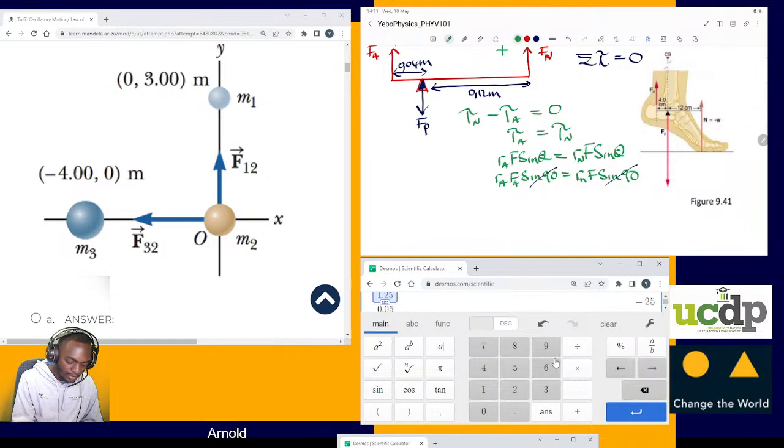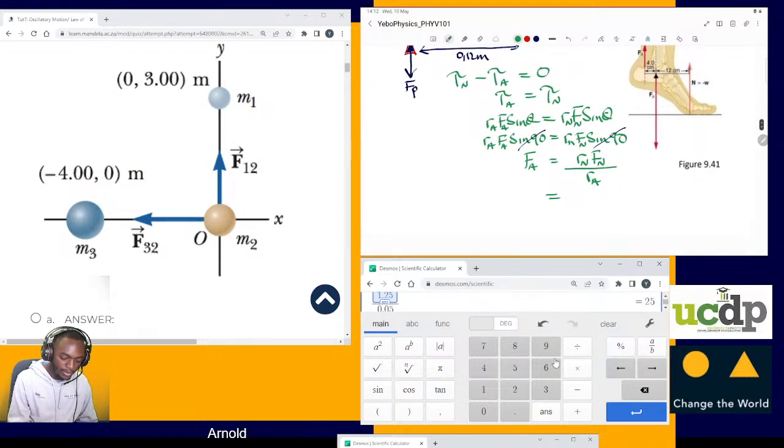This is our A, this is our N, and our Fa will be equal to Rn Fn over Ra.